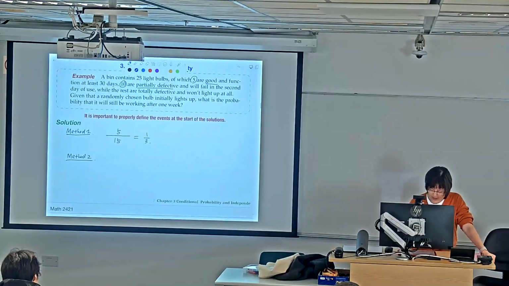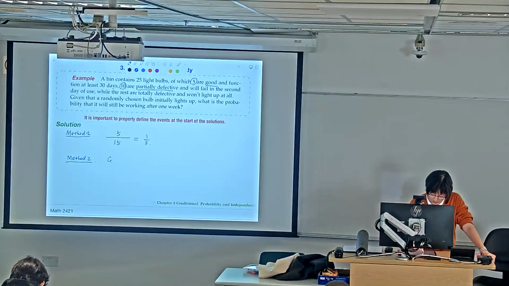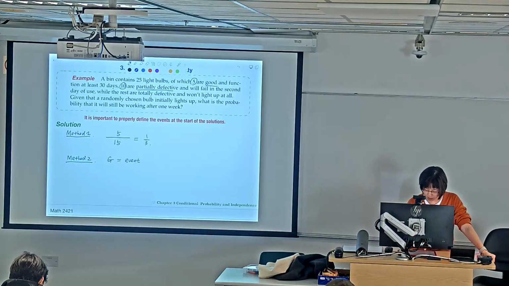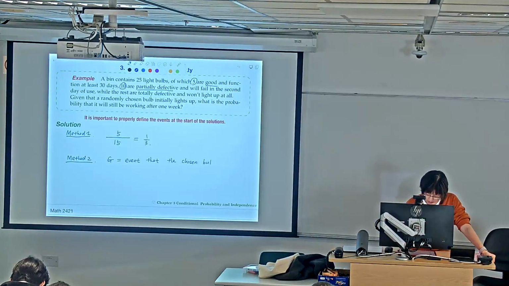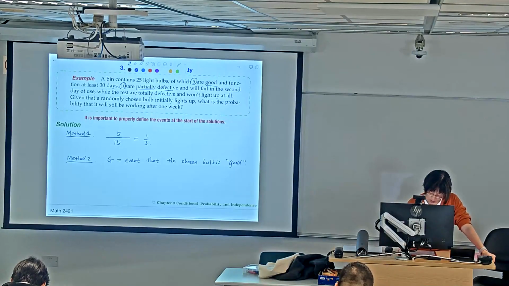It's actually equivalent. So let me describe it here. Let's denote the 2 events. Let me use G as this event, because this is what we are interested in: the bulb is still working after 1 week. So the chosen bulb is good, meaning the good defined earlier.